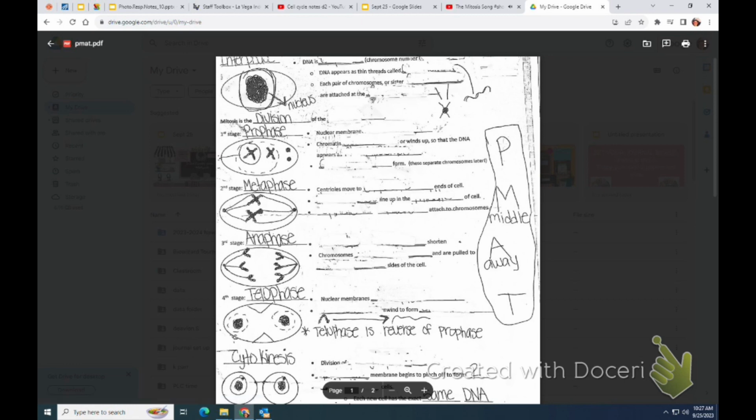All right, you should have this document in front of you. So, at the top, it says blank, blank occurs in many phases or stages. That is cut off of the top of mine that you see on my screen. So if it's cut off, that's fine. You can write cell division occurs in phases.